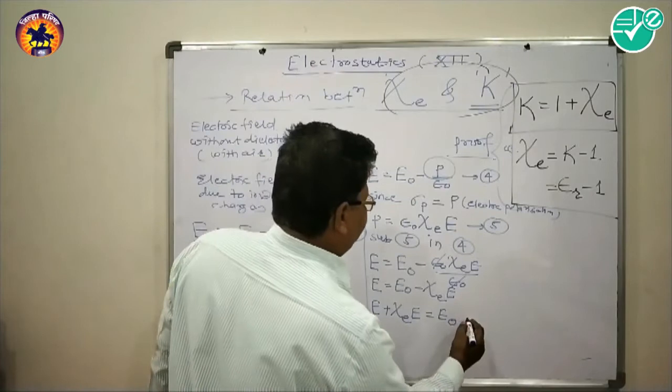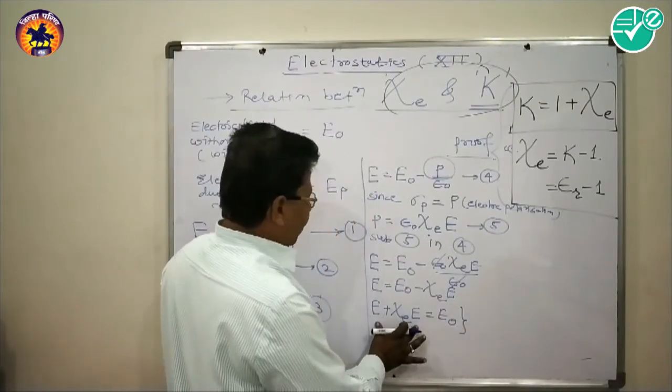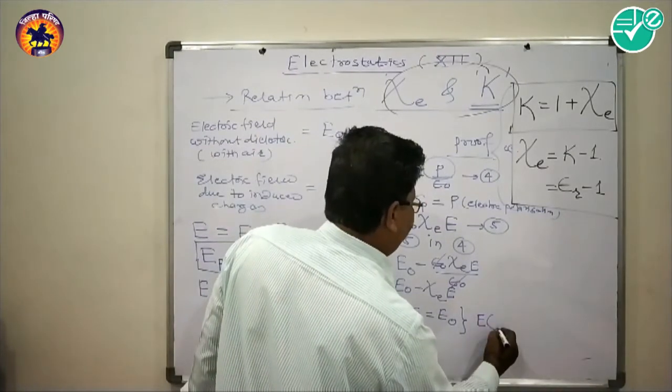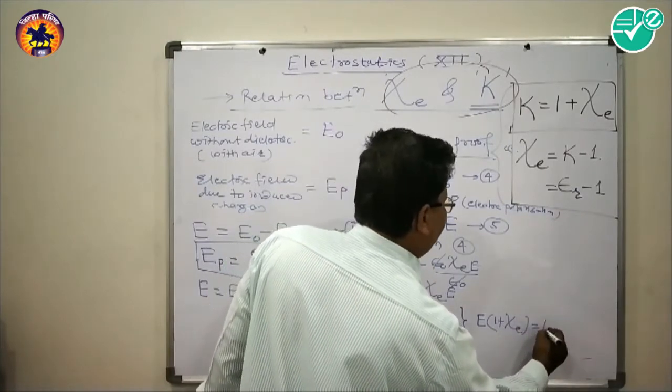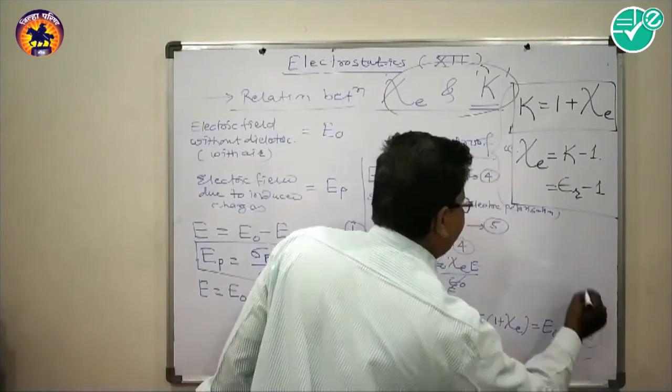If we take E common, then we get E into bracket 1 plus Chi E, which is equal to E0. Suppose this is equation number 6.